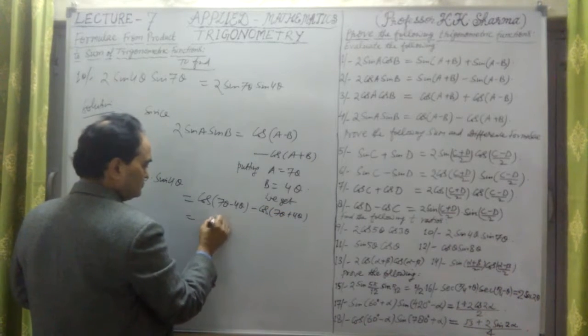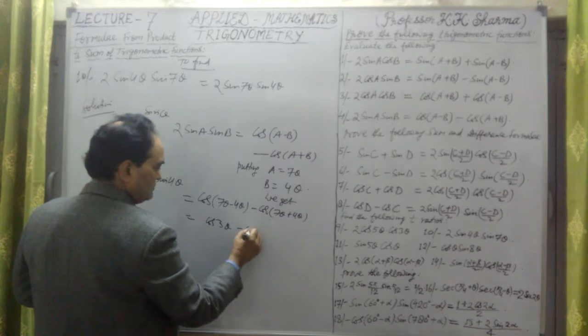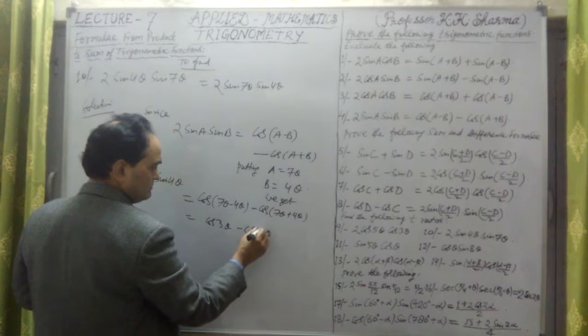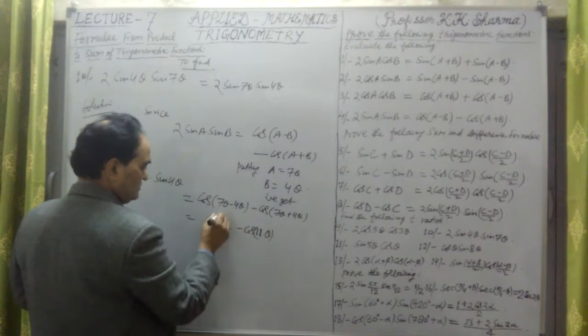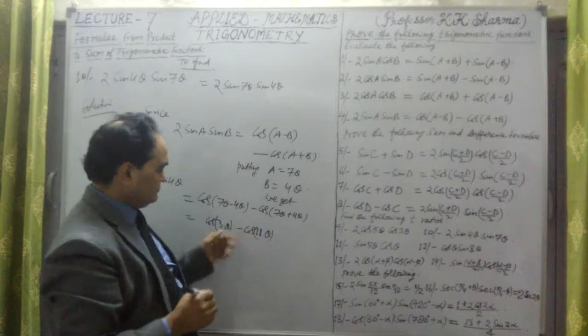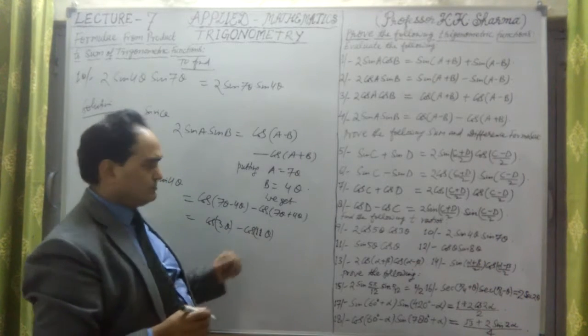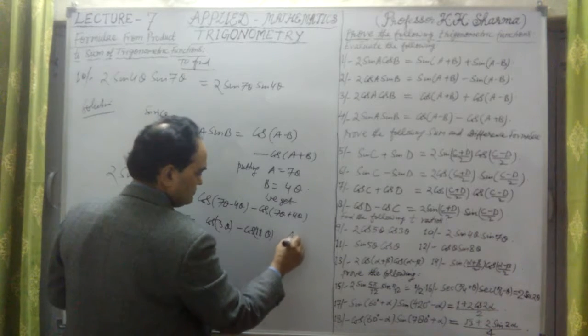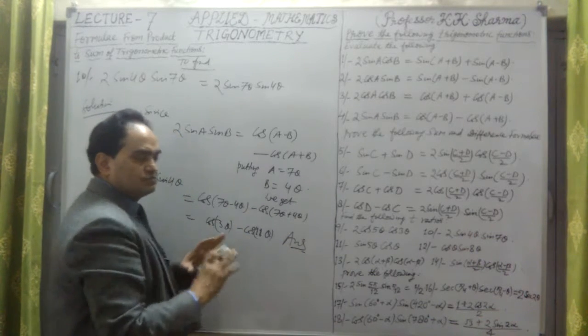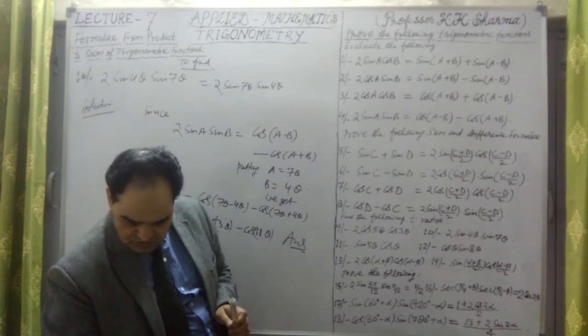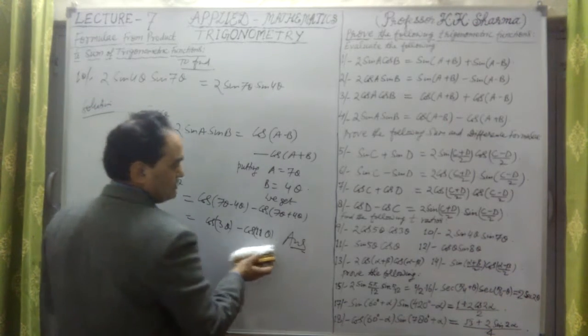It will give us cos 3 theta minus cos 11 theta. 7 plus 4 is 11, and the difference 7 theta minus 4 theta is 3 theta. This is cos 3 theta minus cos 11 theta, which is the answer here. We just have to apply the direct formula which we have just discussed. That is the process of doing that.